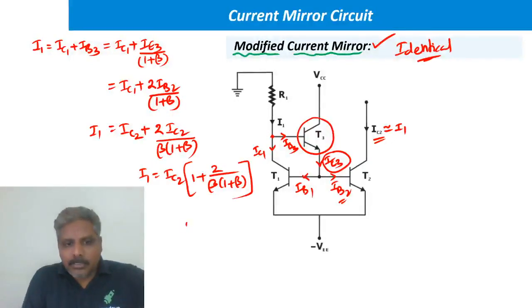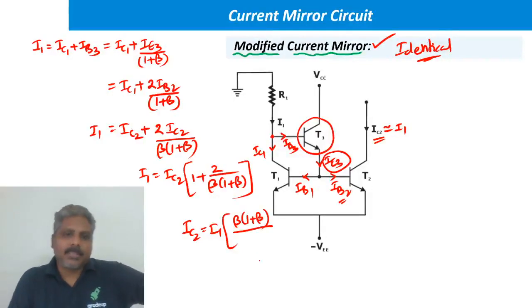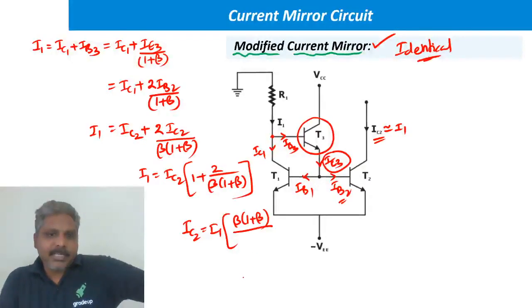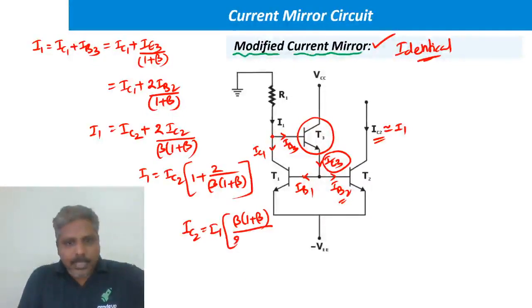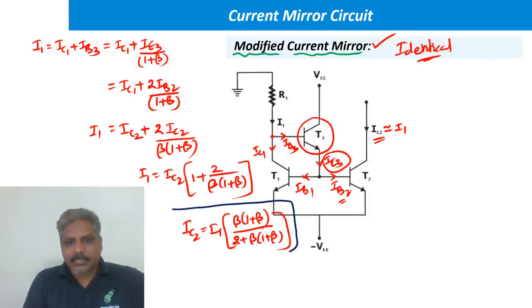But what we want is IC2 equal to I1 into beta into 1 plus beta by 2 plus beta into 1 plus beta. Is this correct? This is what the mirror image current is. Check it.